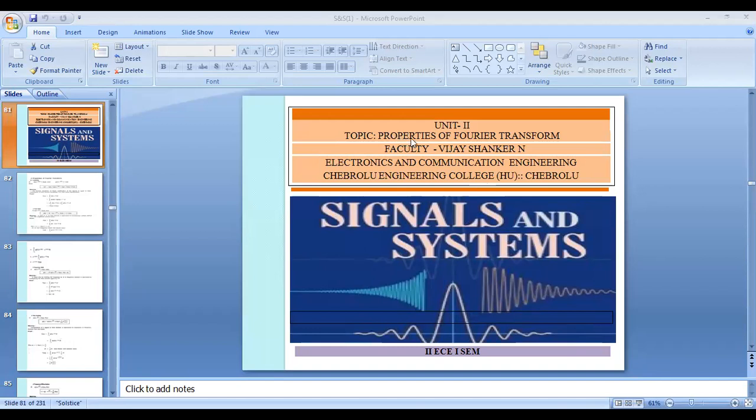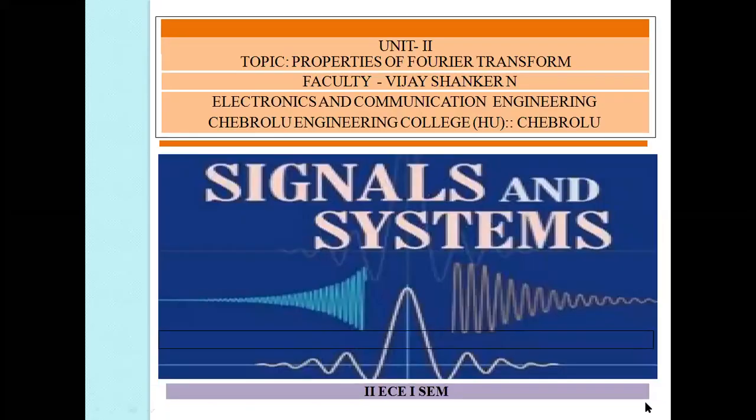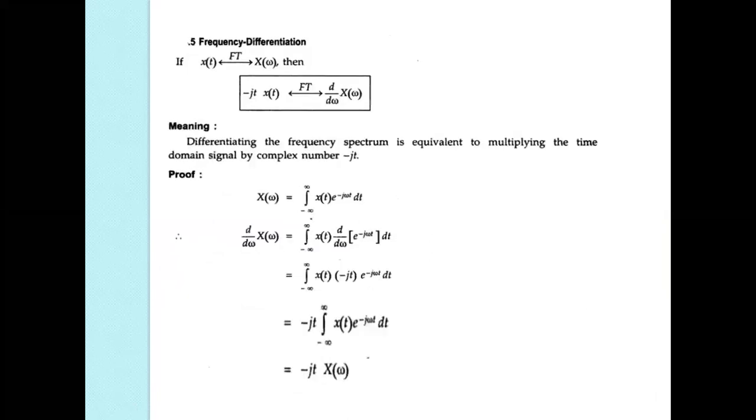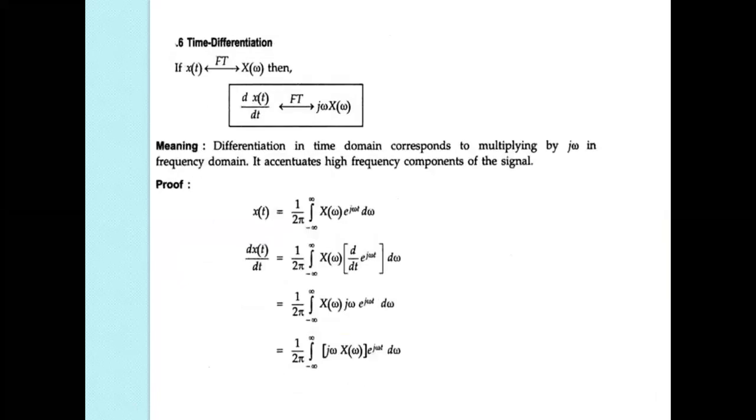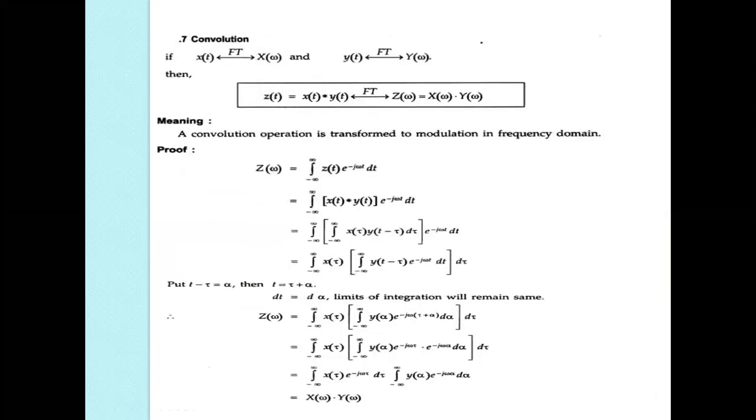Today, we are going to discuss the properties of Fourier transform. In the last class, we already discussed the properties of Fourier transform: the linearity property, time shift property, frequency shift property, time scaling property, frequency differentiation property, time differentiation property, and convolution also.